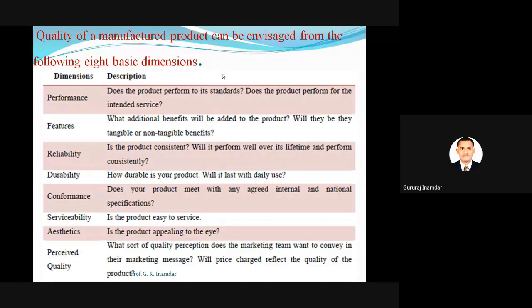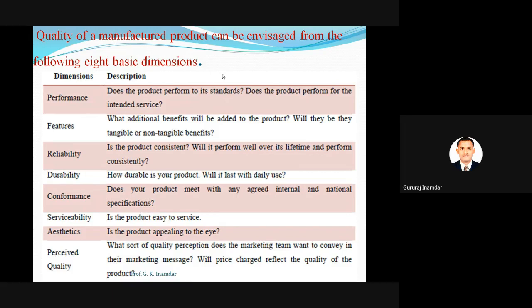Whatever standard they have decided and stated at the time of planning, organizing, or after analysis, they have to reach that target, reach up to that standard. That will be very important. Then and only then will the performance increase. Does the product perform the intended services?